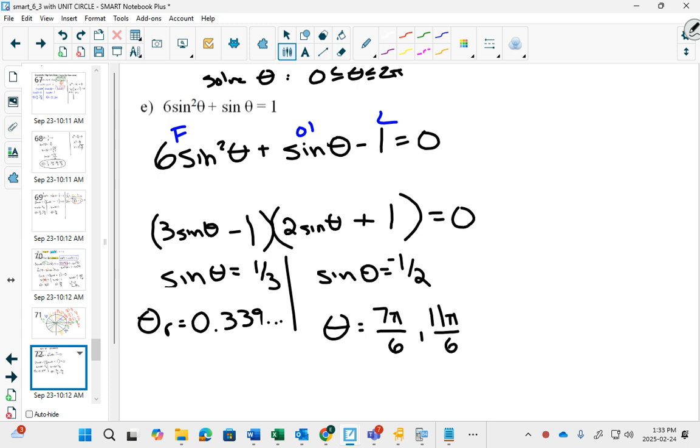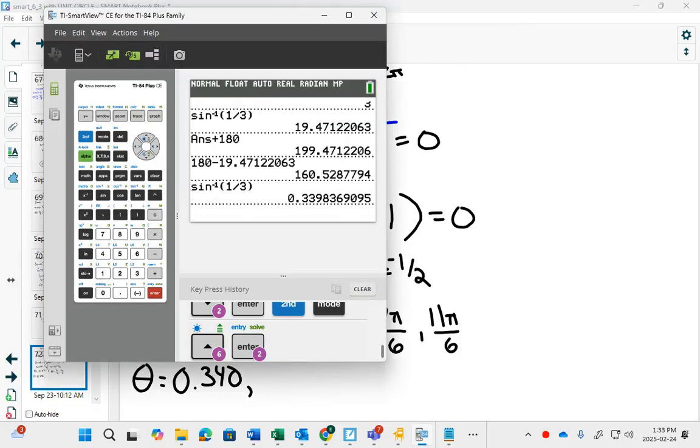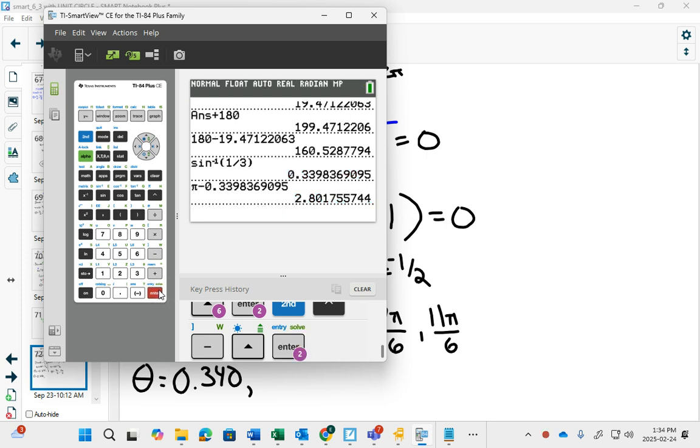And sometimes I put a dot, dot, dot here, saying I'm not rounding early, because rounding early could result in your final answer being slightly off, which is a rounding error. Then my answer in quadrant 1, rounded to 3 decimal places, will be 0.340. And in quadrant 2, instead of doing 180 minus my reference angle, does it make sense that I'm going to use pi minus my reference angle? And I get 2.802.